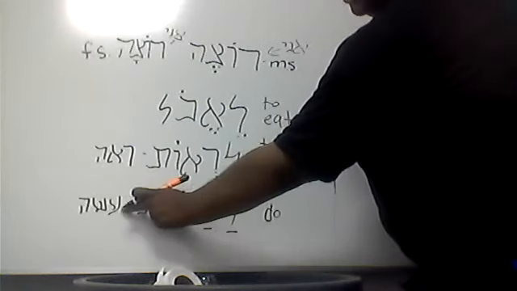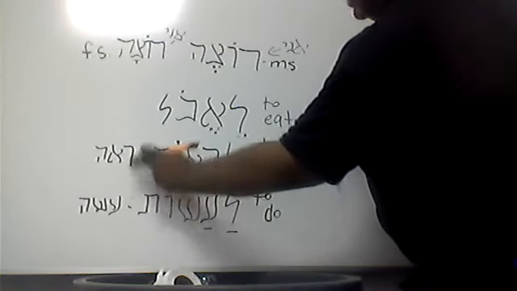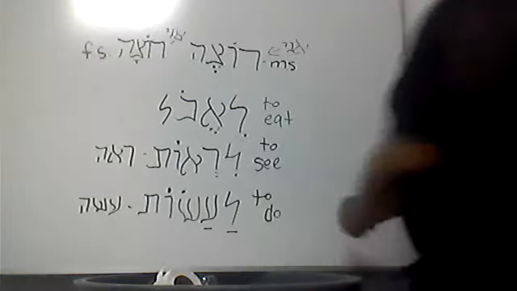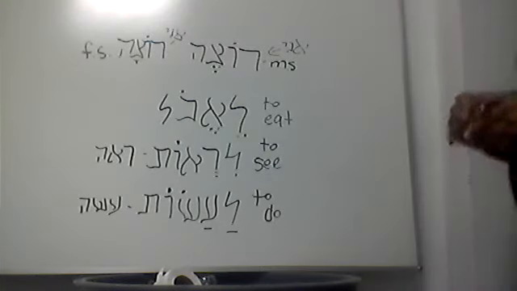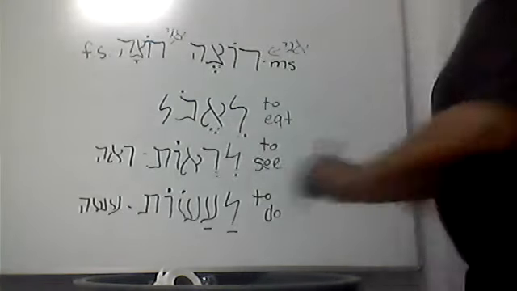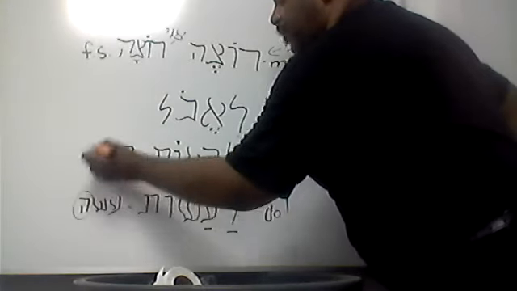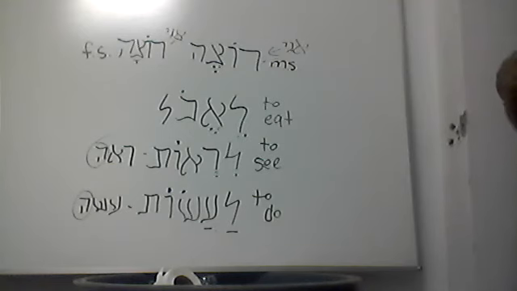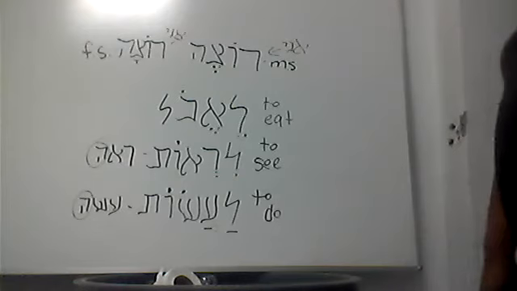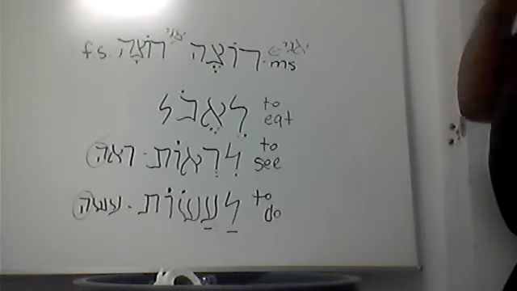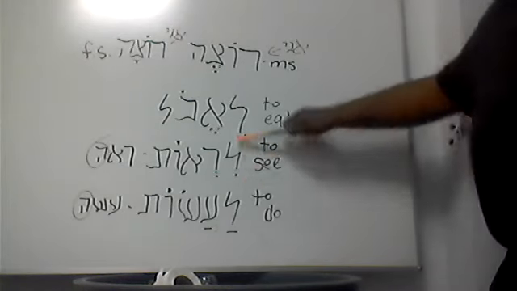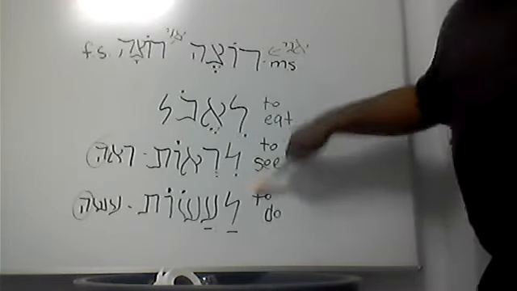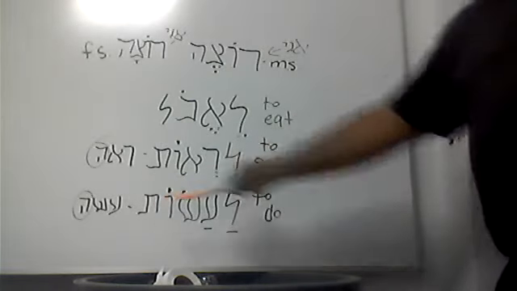To see, to do. Brothers and sisters, when you put any lamed hey verb, and you know a lamed hey verb is any verb that ends with a hey, inside the aspect of the infinitive, it's always going to follow a lamed and an ot sound. So this is something we want to point out. That's why you still see the lamed and ot here.